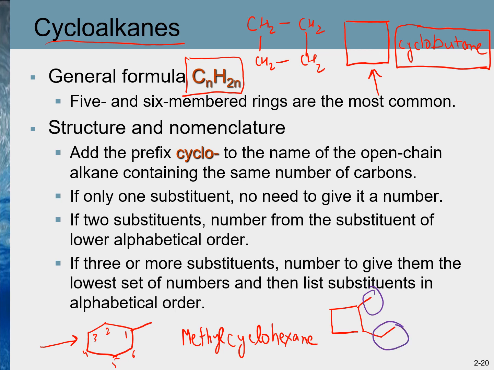So we will number the ring starting from the substituent which is lower in alphabetical order. So we will give this carbon number 1.